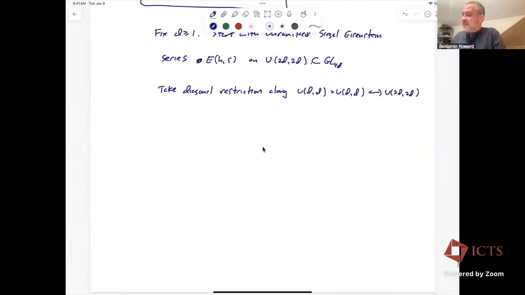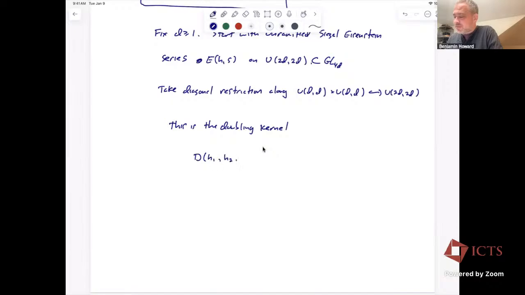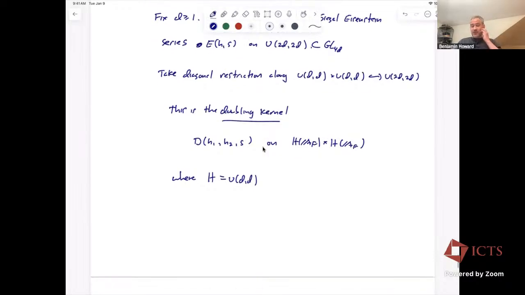When you take this Eisenstein series and pull it back, you get the doubling kernel. So you get some automorphic form in two variables, where now my H is always going to be U(D,D). So we've got an automorphic form in two variables on U(D,D).